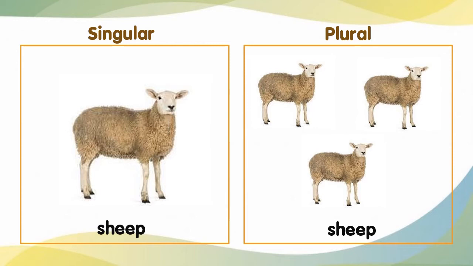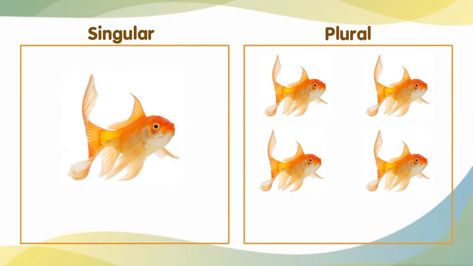The singular is sheep. The plural is also sheep. Another example is fish. The singular is fish. The plural is also fish.